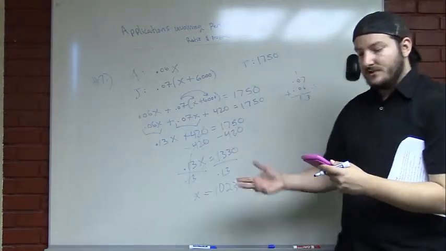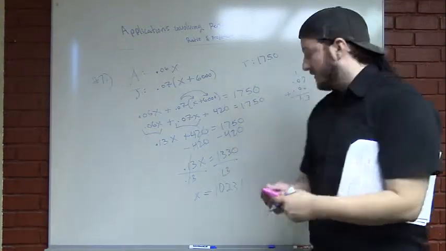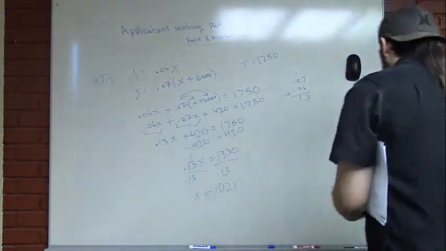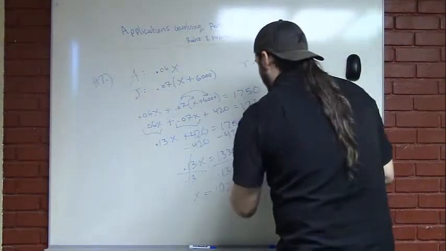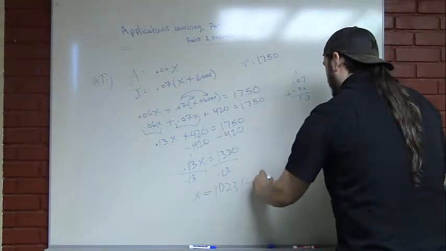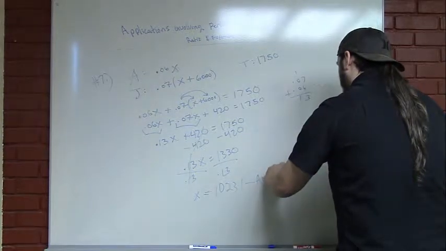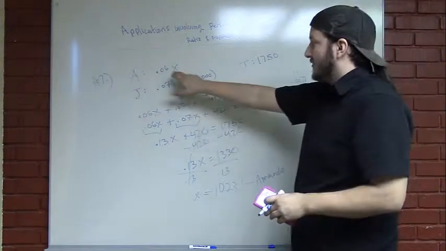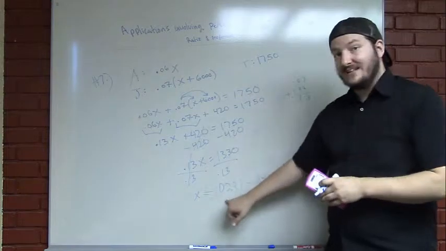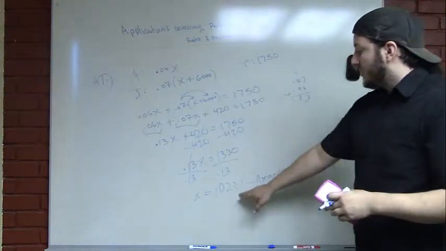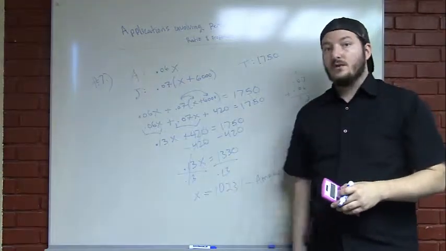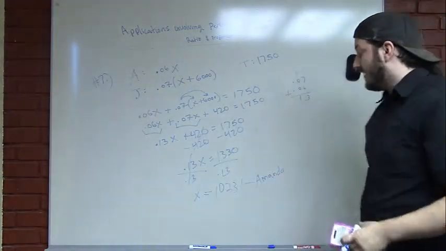So I'm just going to round this up to the nearest dollar value. So that is Amanda. This is how much Amanda invested. Because remember, the x represents Amanda's investment. So she invested $10,231 into her account.